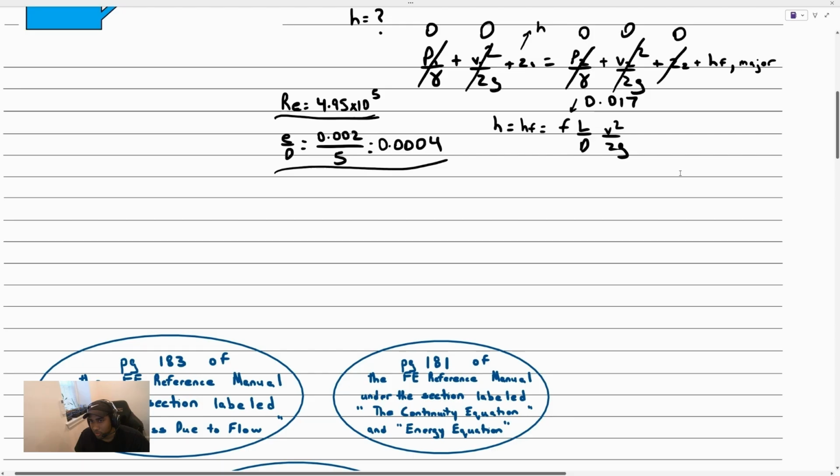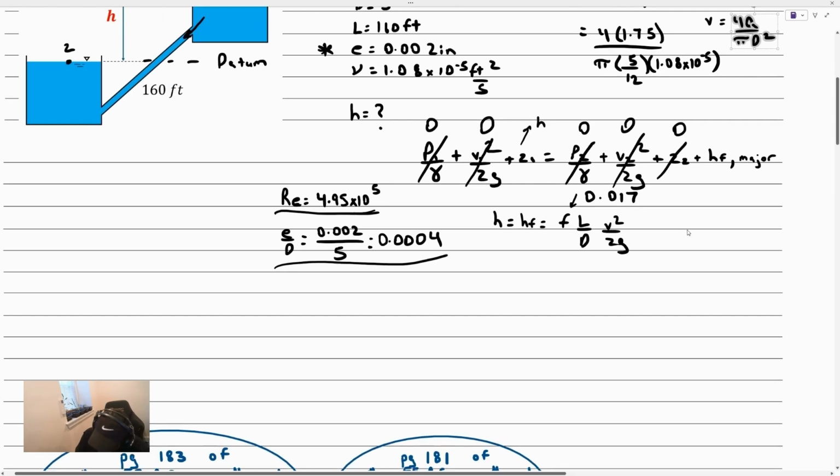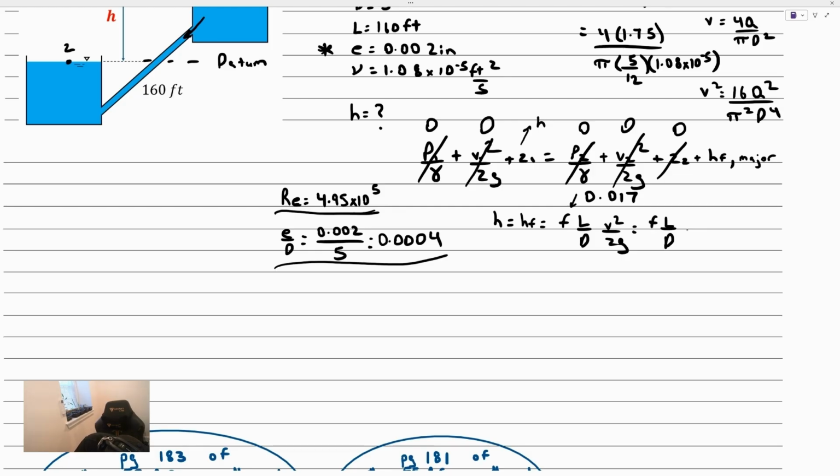Okay, now we're ready to plug in all our numbers. Remember that speed term was just 4q over pi d squared. If we write down quickly what the speed squared term is, that's 16q squared divided by pi squared d to the fourth. Now I'm going to plug in everything here. I have f L over d, a 2g term in the denominator, and that v squared term, 16q squared divided by pi squared d to the fourth.